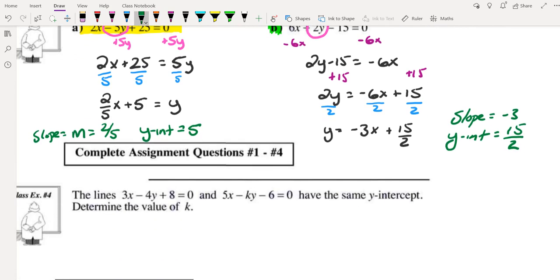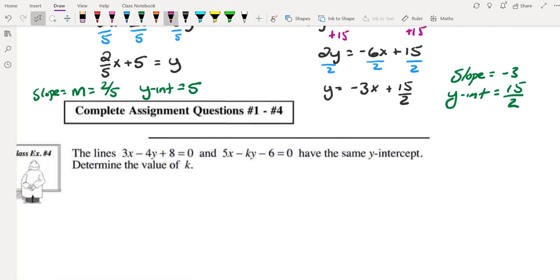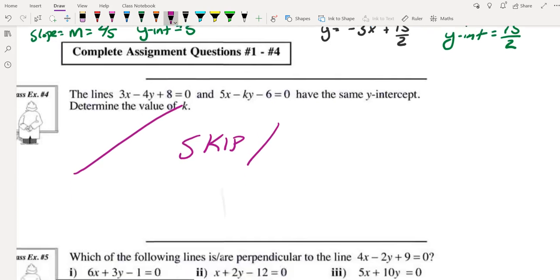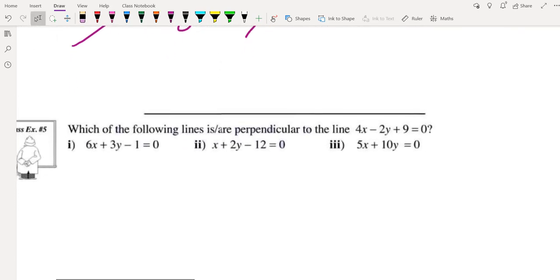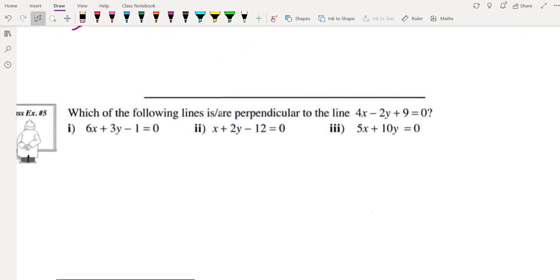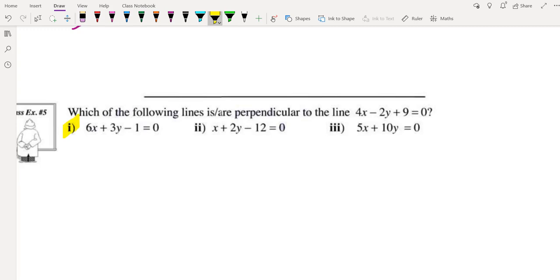All right. We're going to skip question number 4 here and go on to the last example of the day. Right? It asks us which of the following lines, 1, 2, and 3, is perpendicular to this line.